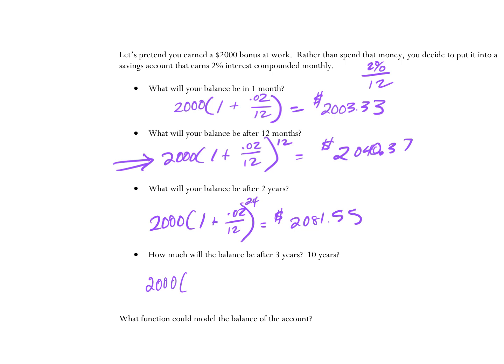So make sure you did 0.02 divided by 12 and not 0.2. Yes. And 3 years would be 36, right? 10 years would be?